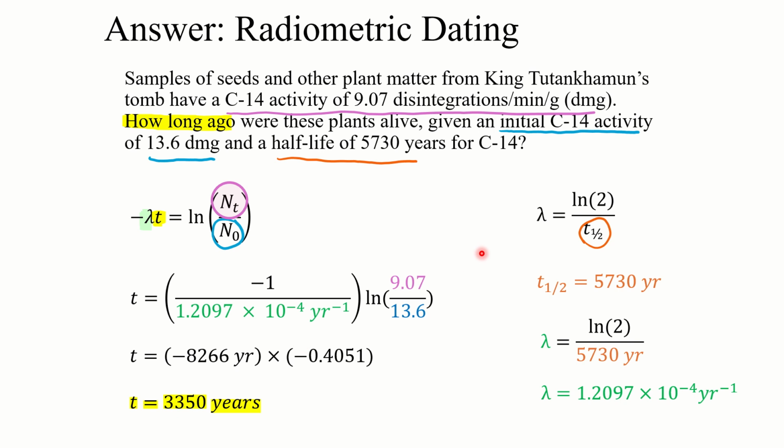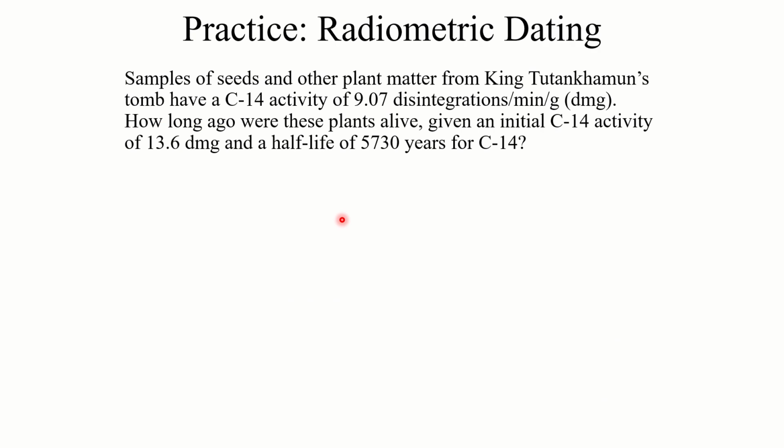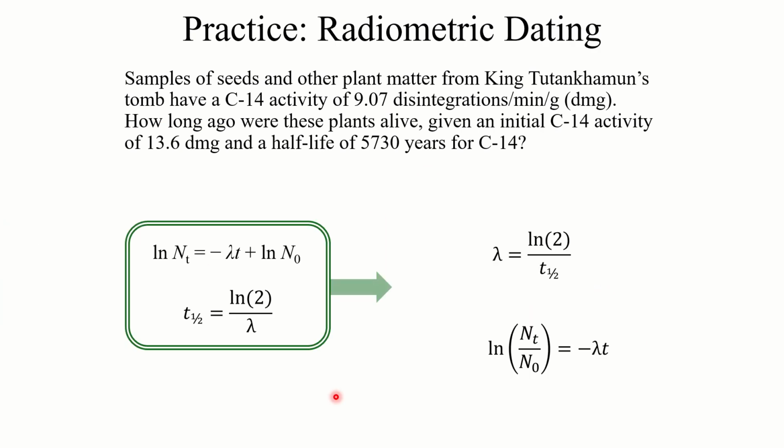So on problems like these, you're just going to use some version of these equations, remembering that N_0 is the initial number of nuclides or the initial activity, N_t is the current number of nuclides or the current activity, lambda is the decay constant, which is just the rate constant, and t is time.